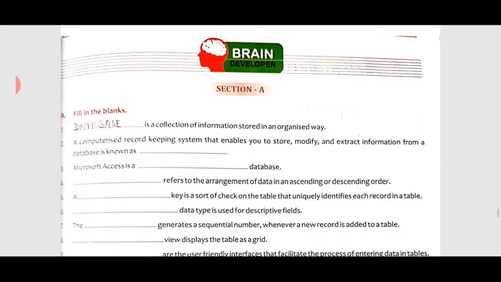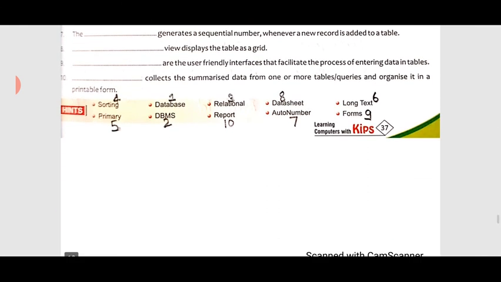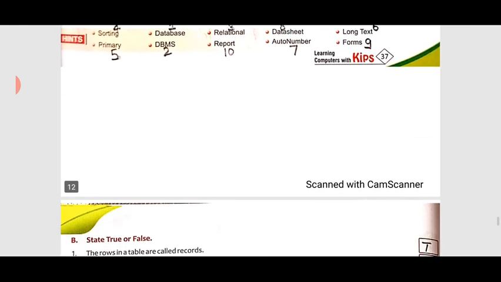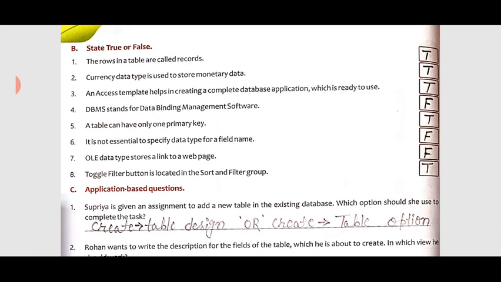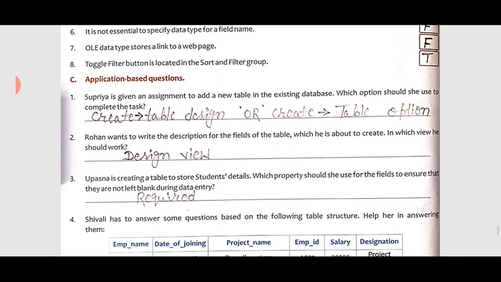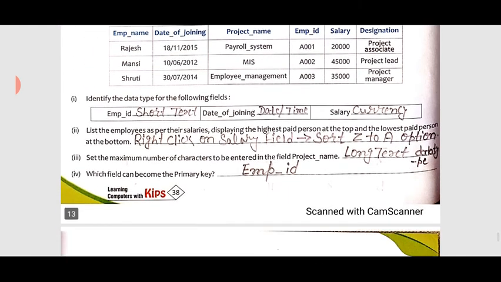Here are the assignments. Fill in the blanks, I have sorted them out. Just maintain them in your notebook and learn all this. State true or false, completed. Application based questions, completed. Do them in your book.